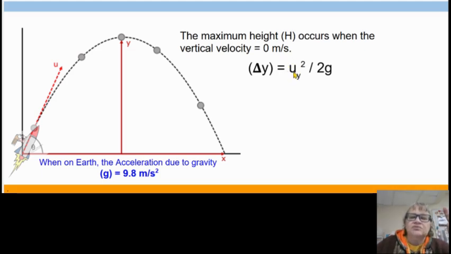So don't forget that this would be u sine theta, that whole number squared, divided by 2 times the gravitational constant.